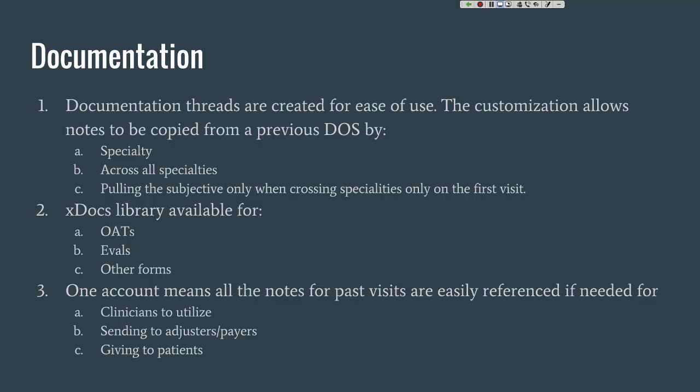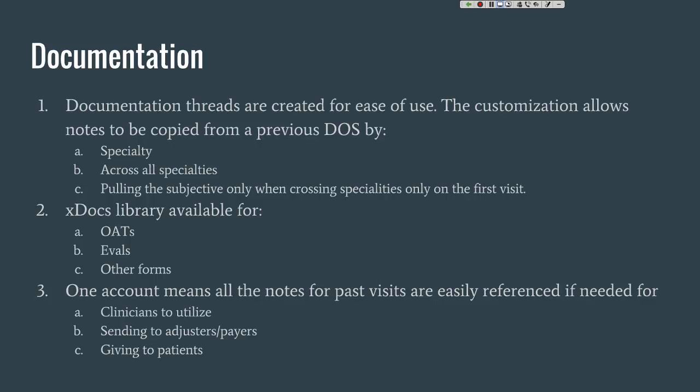So if you're an MD, a nurse practitioner, a physical therapist, a chiropractor, you don't want to see the other threads of notes. You want to be able to log in and pull up both the CPT codes, the diagnosis codes, and a copy of the exact note that was billed out by the last person, either that was you or the person in the office that was your specialty.